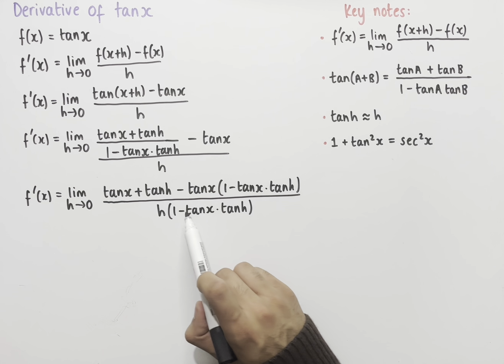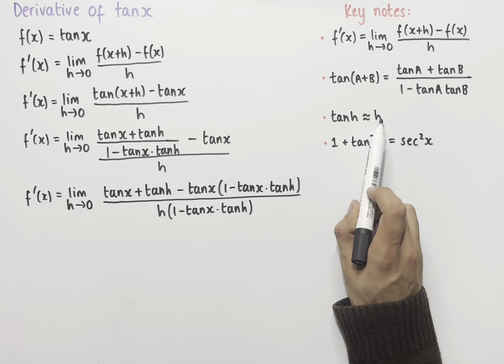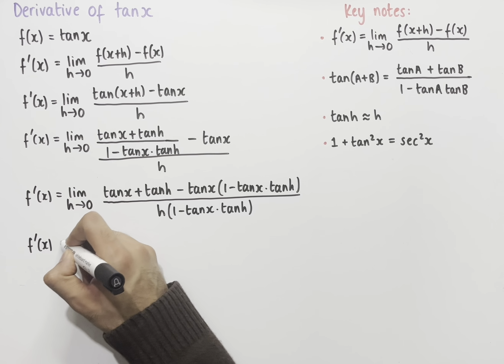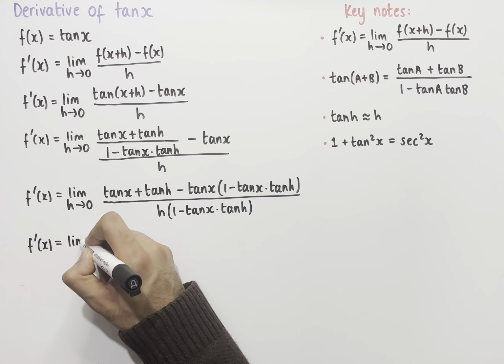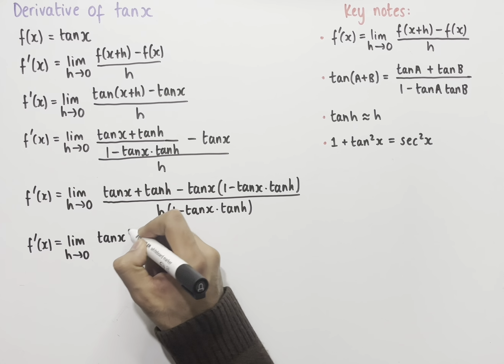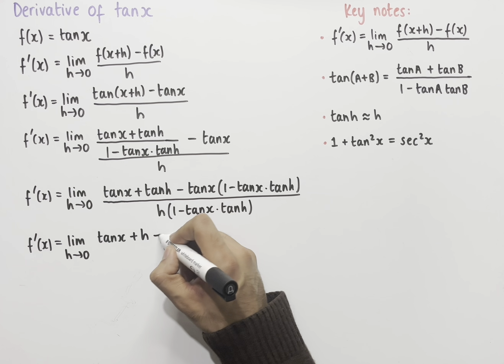Now we can use the small angle approximation for tan h, which approximates to h. And so we end up with f dash of x, which equals the limit as h tends to 0. And now tan x stays the same. Tan h can now be written as h. And then we have minus tan x.